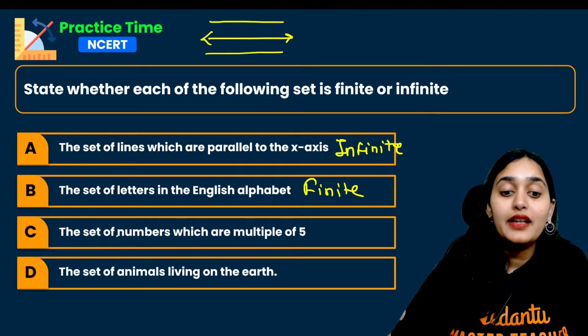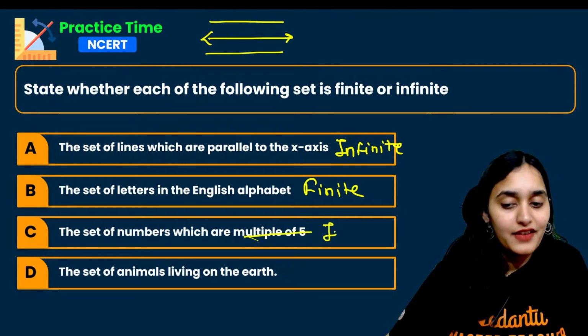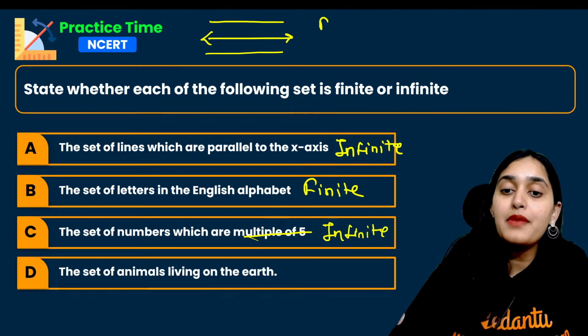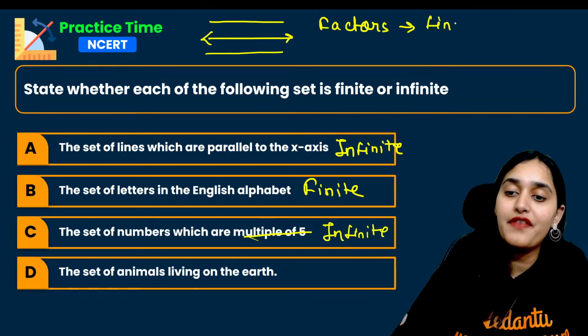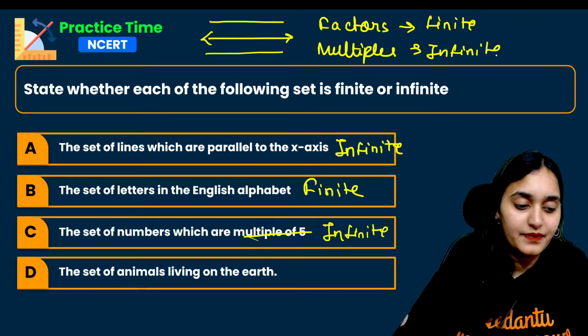Third one, the set of numbers which are multiples of 5. Multiples of 5, infinite. Remember, factors are always finite. Multiples are always infinite.